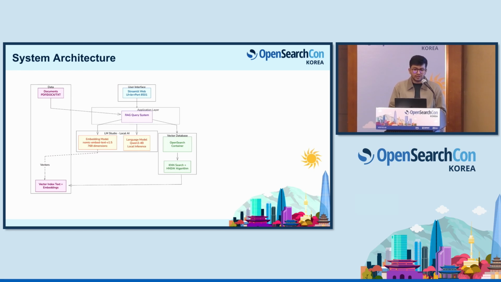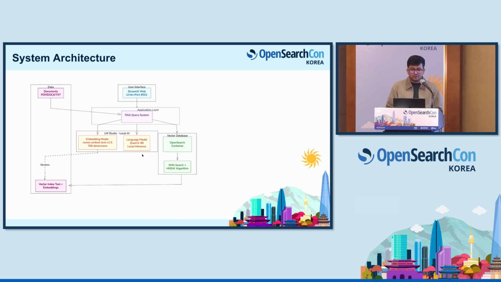More to that, the system architecture that I have set up, and we will be going through it further with the demo, is a local RAG pipeline where you can upload any document in formats like PDF, docs, or TXT. Essentially, we have a Streamlit-based interface and application layer where the Retrieval-Augmented Generation system is located, and I'm using LM Studio, which provides the embedding model, and I'm using Qwen3 4B as the local inference LLM in the process.